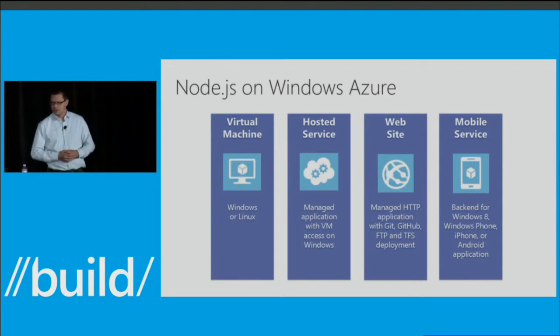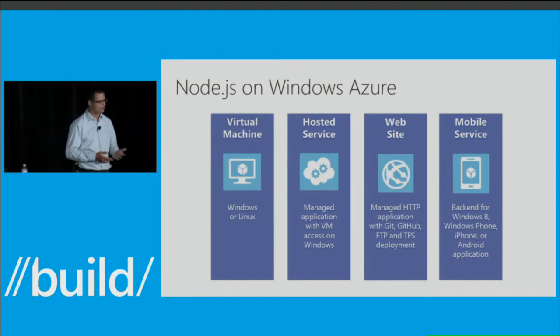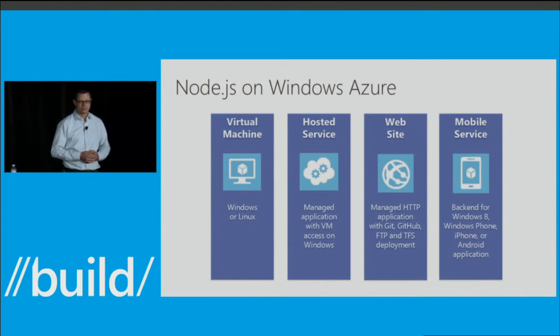Probably the most interesting way of running Node.js applications in Windows Azure is using Windows Azure websites. Websites provide a very prescriptive environment, specifically targeting HTTP applications or web applications. And they differ from hosted services in the level of agility they provide to developers.